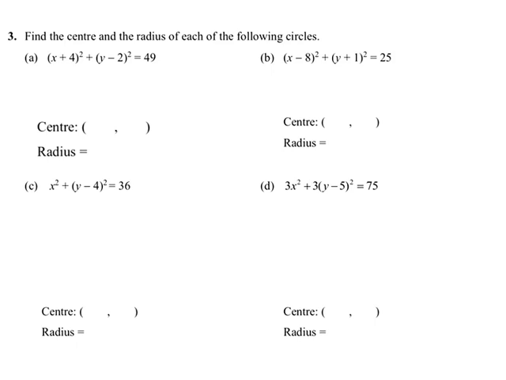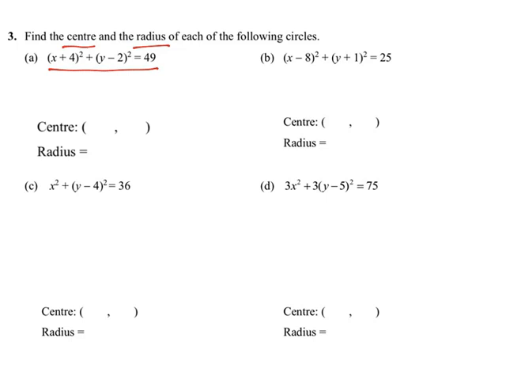Next, we'll see question 3. For this question, the equation is given. You need to find the center and then the radius. Actually, it is the opposite of question 1 and question 2. So let's try to do it.